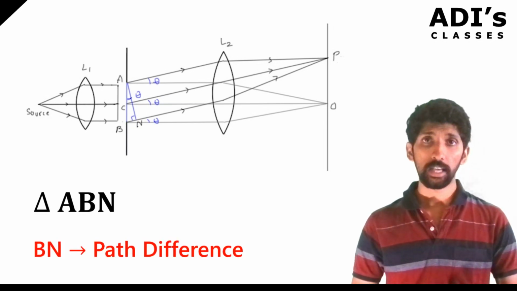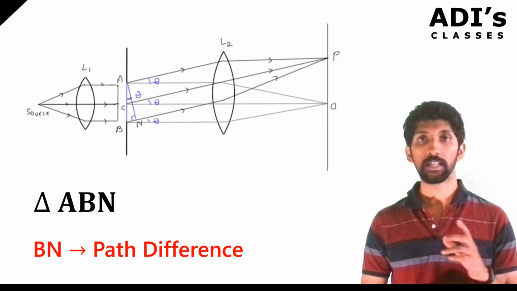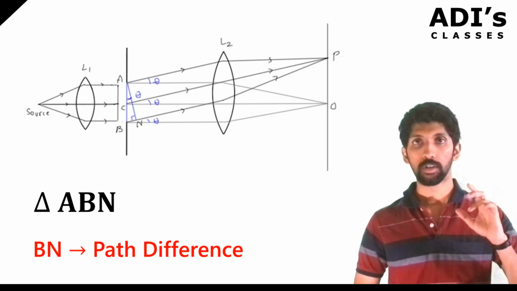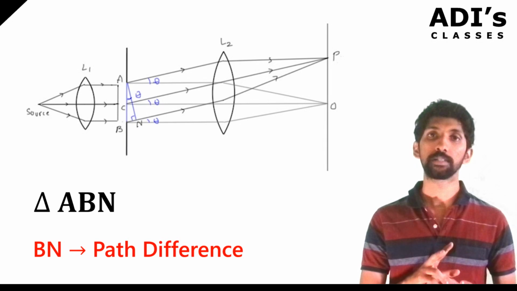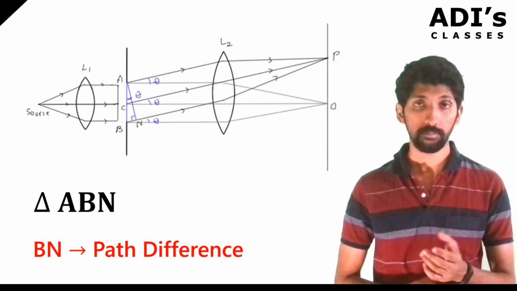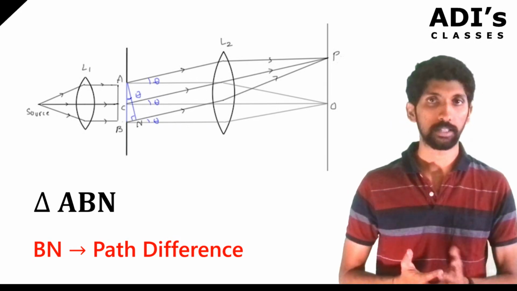So if we need to get a dark fringe or a bright fringe, then it all depends on the length BA, right? So if it has to be a dark fringe, then the path difference has to be an integral multiple of lambda, because we are dividing it into two equal parts, correct?